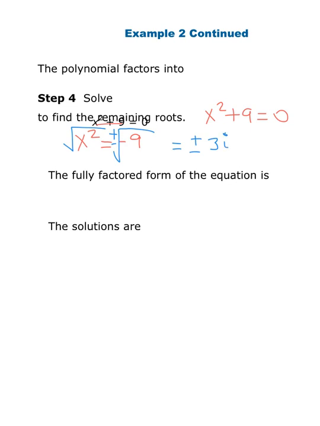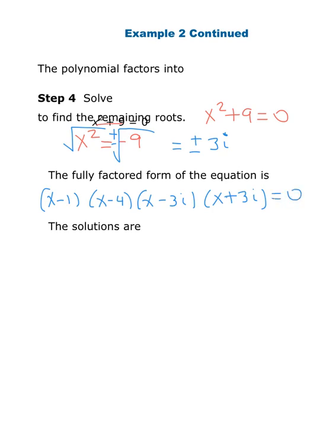Remember, square root of a negative is i, so square root of 9 is 3. So the fully factored form of the equation is going to be x minus 1, x minus 4, and the other one is x minus 3i and x plus 3i is equal to 0.